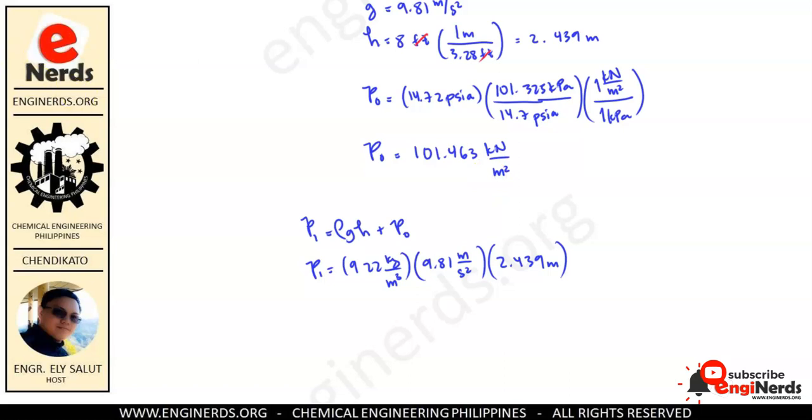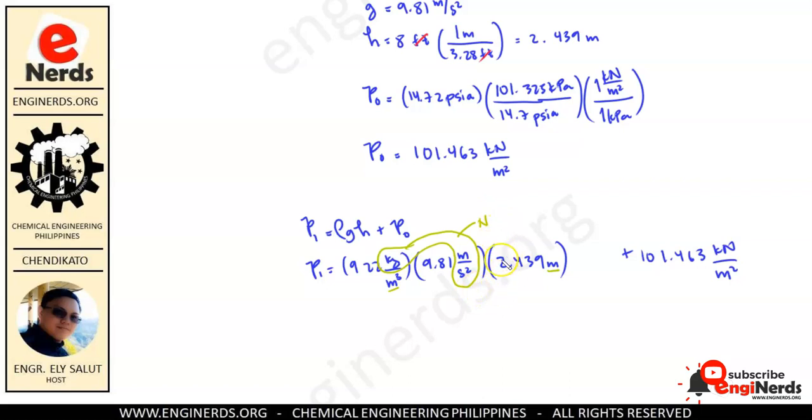Para malaman natin kung pwede na natin siyang i-add sa ating PO, because our PO is equal to 101.463 kilonewton per square meter. So, dapat pareho ang ating units para mai-add natin sila, no? So, ano yung magiging unit natin dito? So, again, guys, katulad kanina, meron tayo ditong kilogram meter per second squared, and this is equal to Newton. And then our numerator, we have meters, and then in our denominator, we have cubic meter.